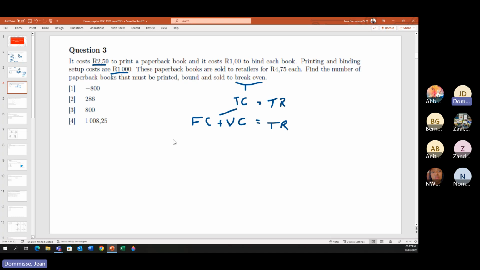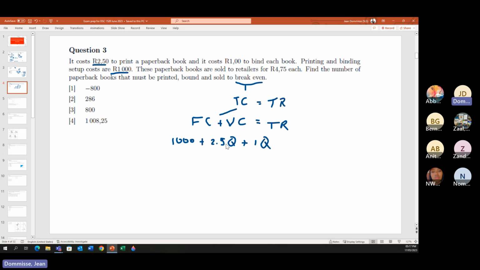So that is your fixed cost. And let's see what is your variable cost. It costs R2.50 per book to print, and it costs R1 to bind.